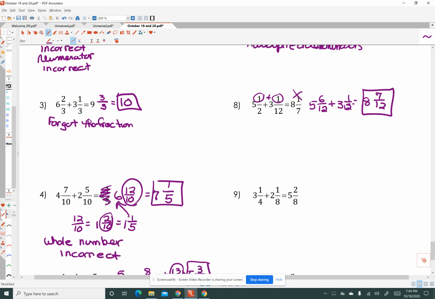So they multiplied the numerators. That is what they did wrong. Or they didn't add, they multiplied. The 1 times 1 is 1.